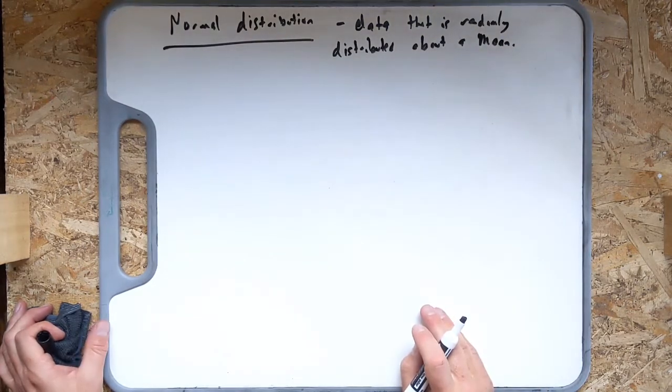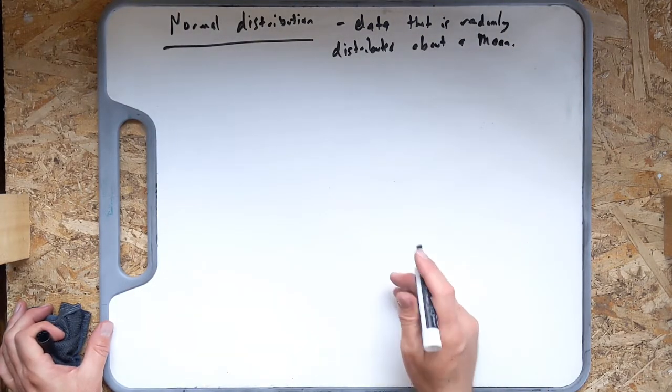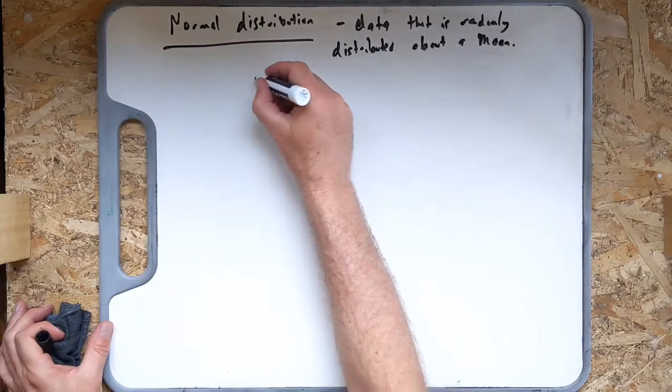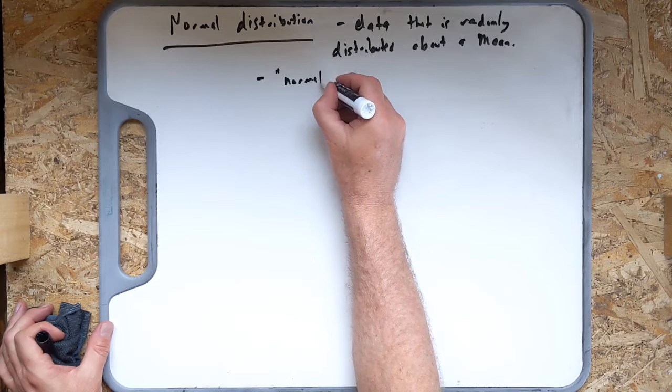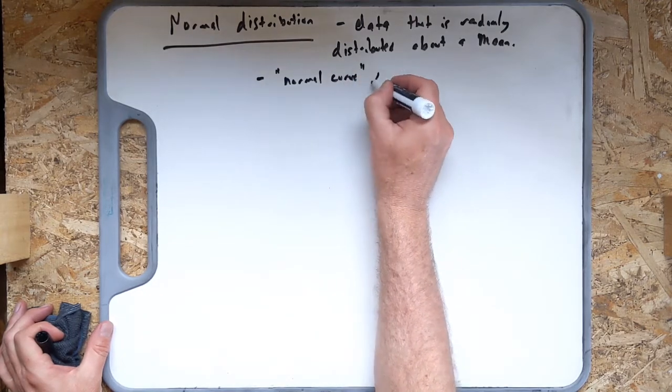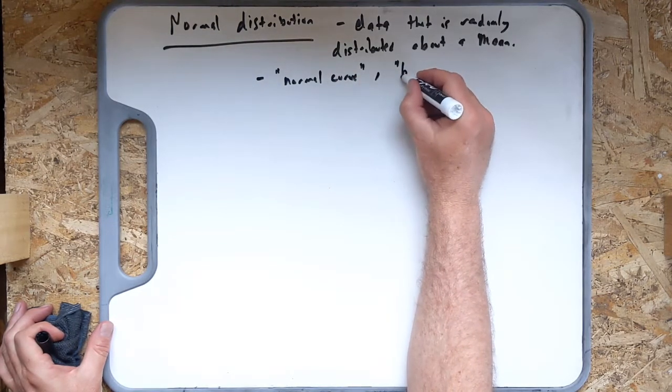So data is randomly distributed around a mean or average. The distribution itself is sometimes called a normal curve, or more commonly in common language, the bell curve.